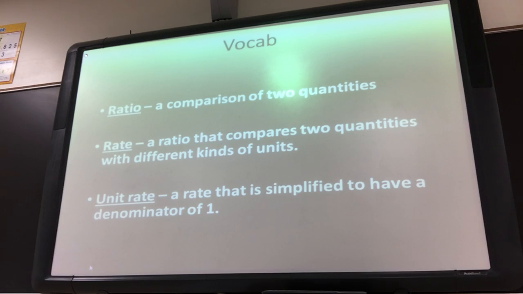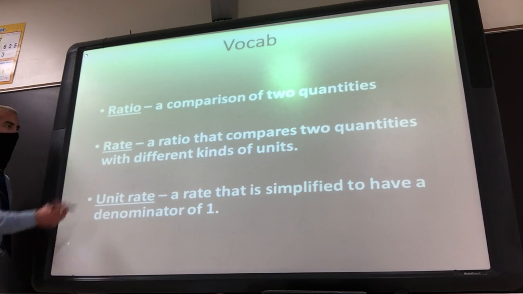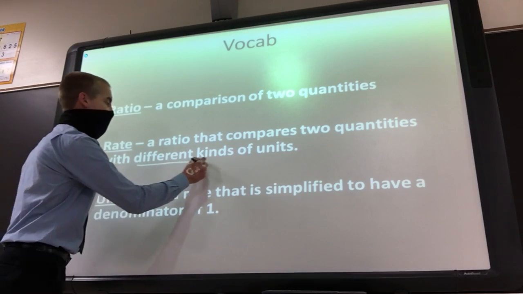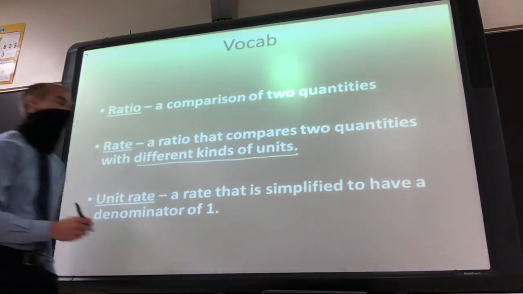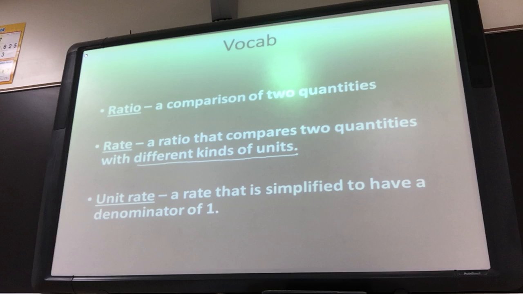And one type of ratio that we're going to look at quite a bit is a rate. The key for rates is to know that it has different kinds of units. So rates always have two different units.